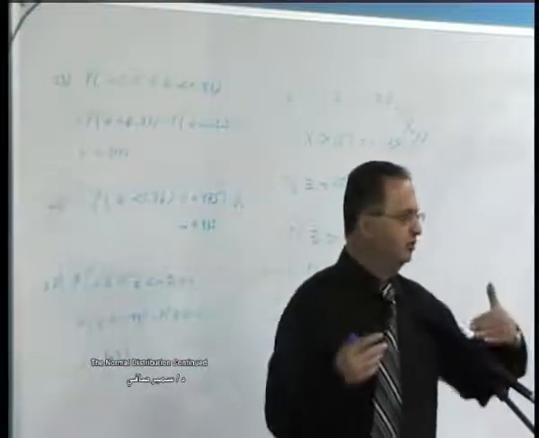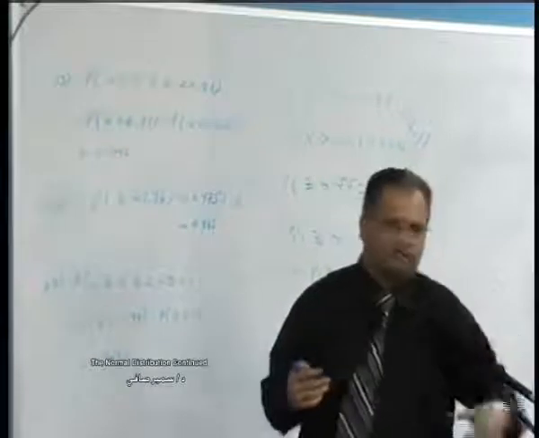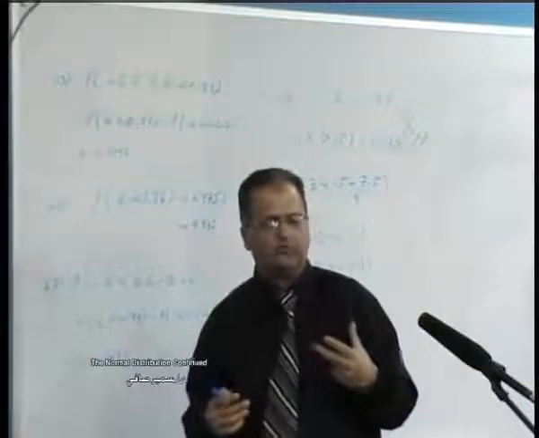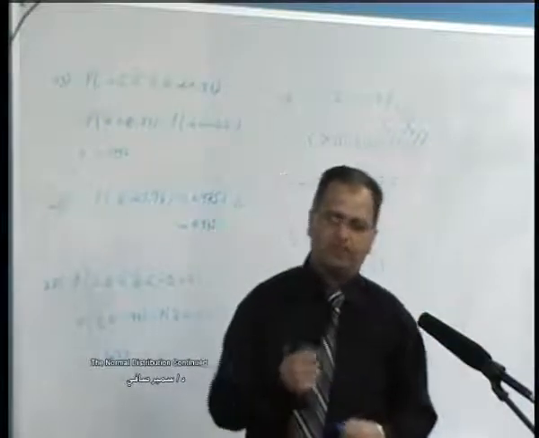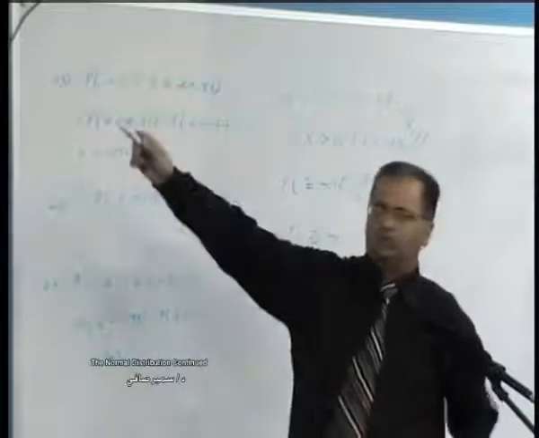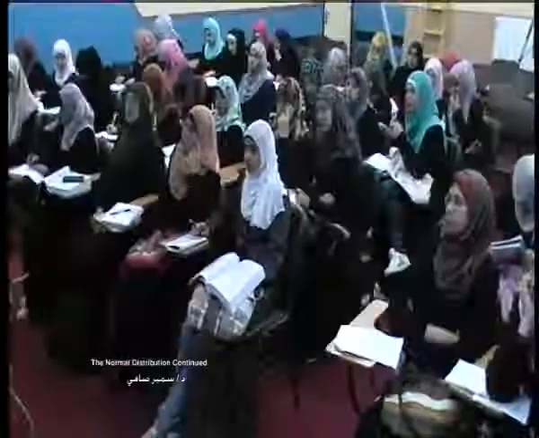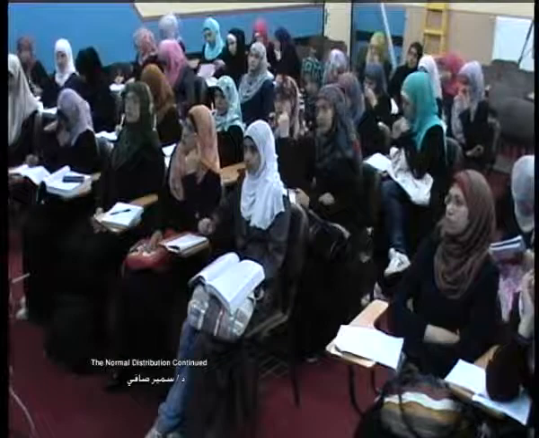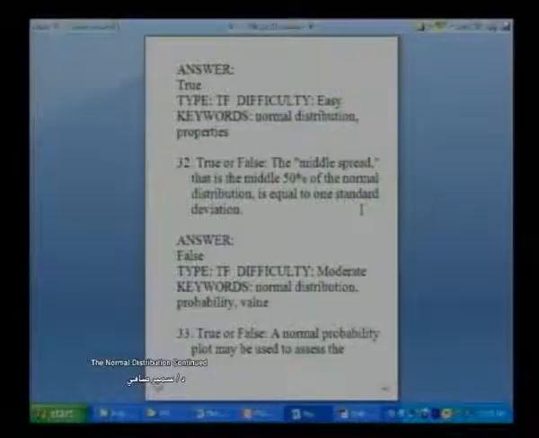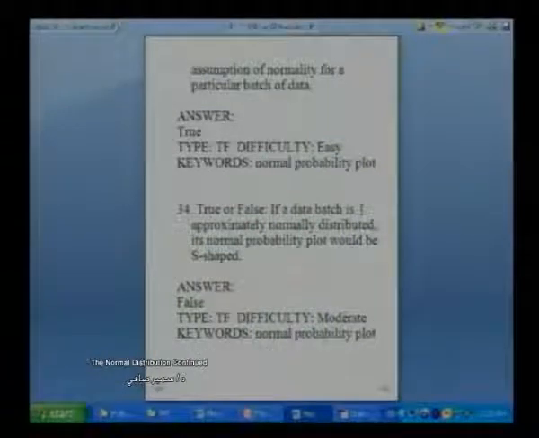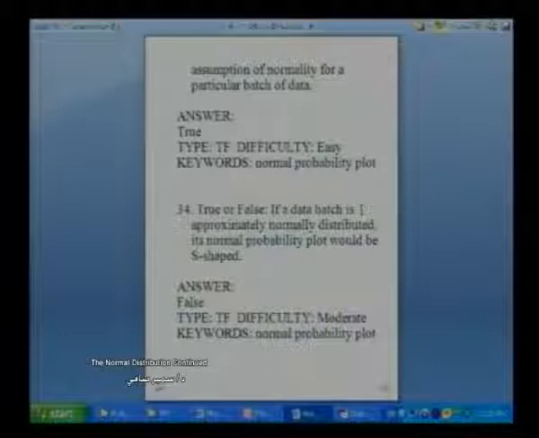As we mentioned before, one of the rules that we can use to determine if the data is normally distributed or not is called the normal probability plot. So it's true. Again, the normal probability plot is used to assess the assumption of normality for data.